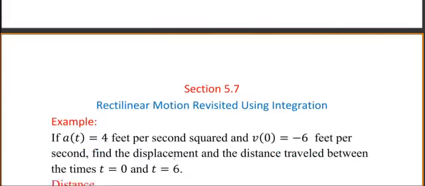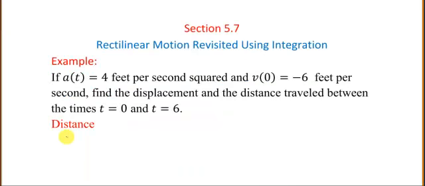All right, the distance is going to be the integral from 0 to 6 of the absolute value of 4t minus 6 dt. It'll be the integral of the speed. 4t minus 6 is equal to 0 when t is equal to 3/2: adding 6 and dividing by 4 gives 3/2.